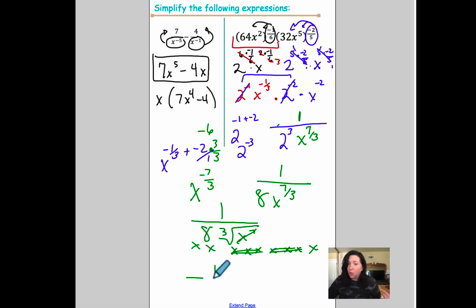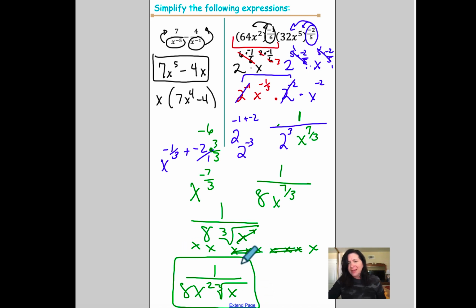So this is actually 1 over 8x squared times the cube root of x. And yeah, that cube root doesn't look good to be down there. So another step could be that you would just get rid of that root on the denominator, and then you can multiply it by itself. But I already had the numerator up there, so we're going to move on from there for right now.